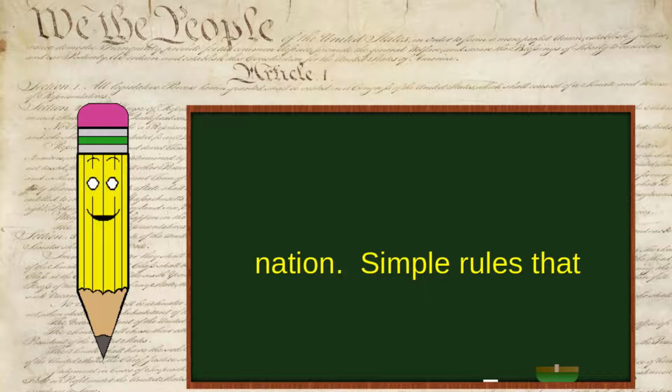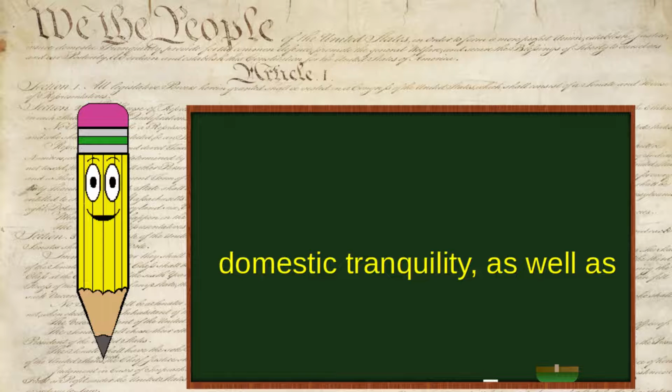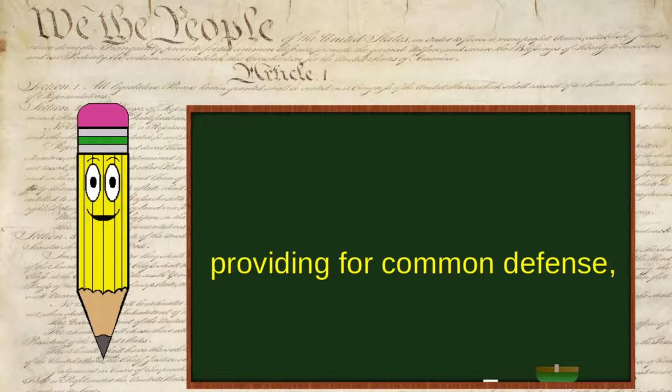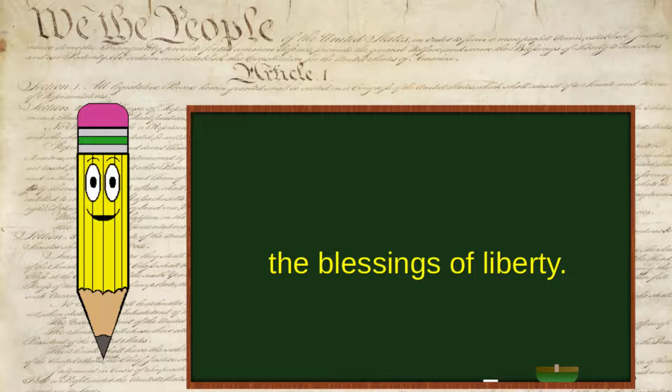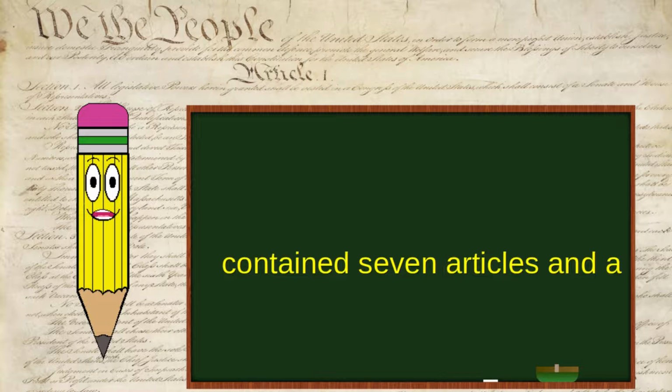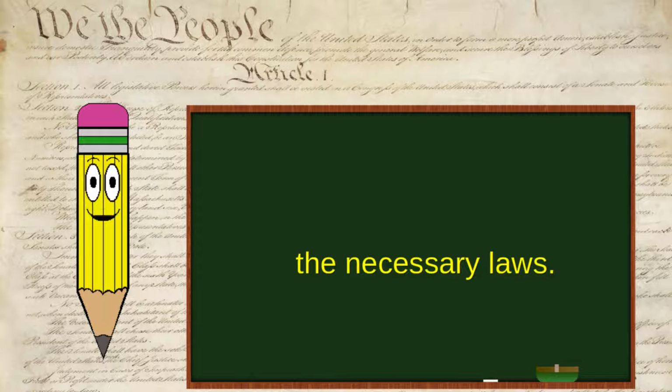Simple rules that established real justice, domestic tranquility, as well as providing for common defense, general welfare, and to secure the blessings of liberty. The original Constitution contained 7 articles and a preamble that broadly covered the necessary laws.